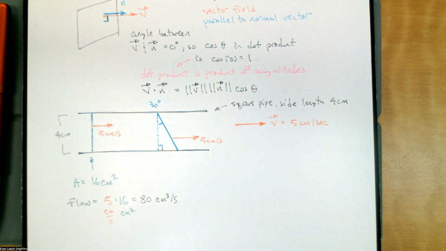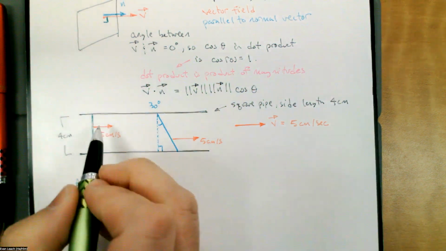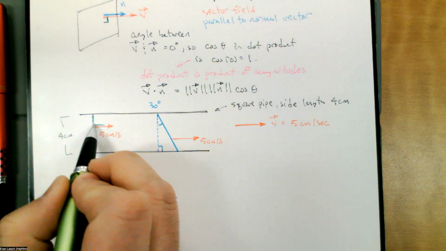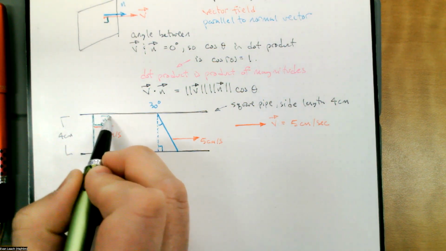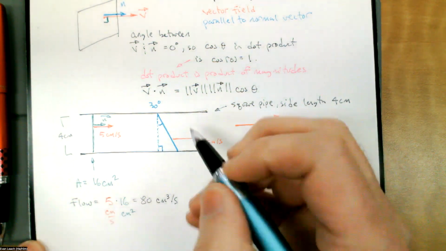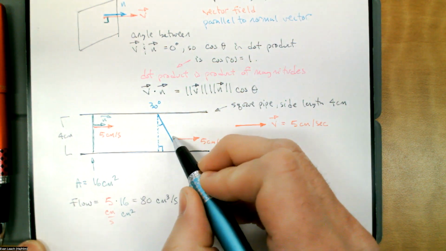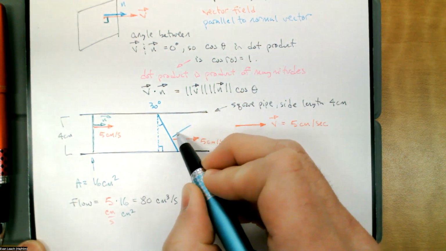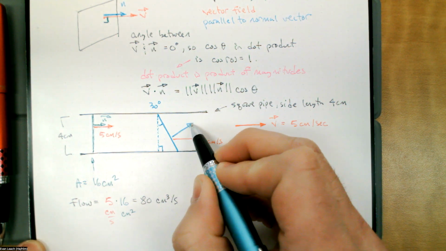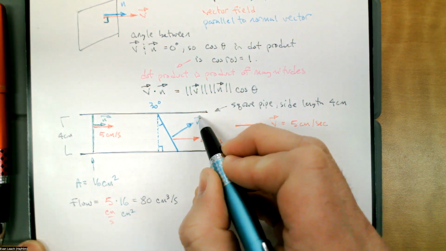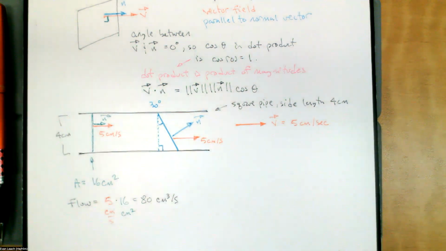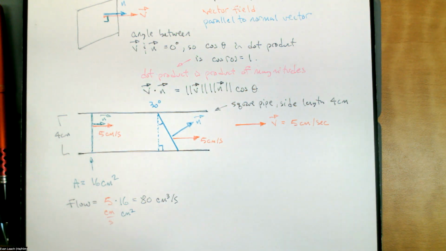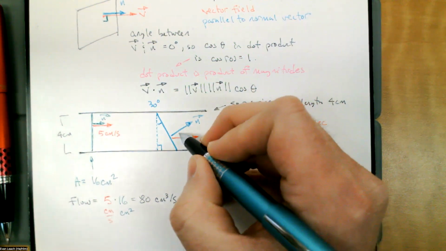We were perpendicular before to this normal vector, but now our normal vector is coming off at an angle. That normal vector is 30 degrees above my vector field vector.